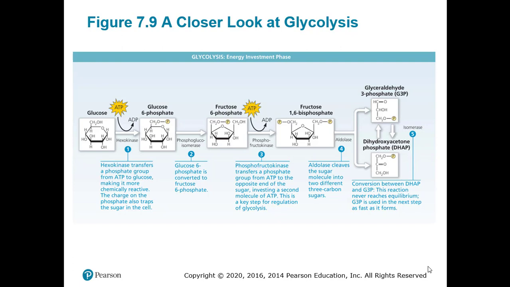Notice that the glyceraldehyde, the G3P, it's glyceraldehyde because it has the aldehyde functional group, and 3-phosphate because the phosphate is on the 3rd carbon. Anyway, 1 glucose, you add 2 ATP to start it, a series of reactions. We end up with 2 3-carbon molecules called G3P. That's what I want you to know from the end of this, okay?